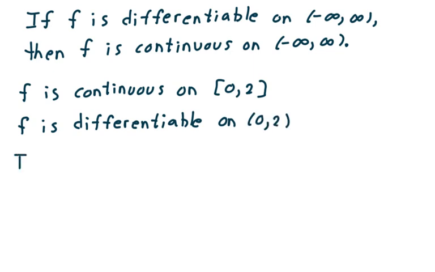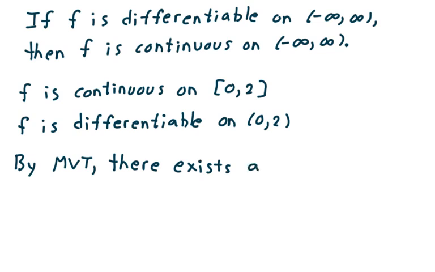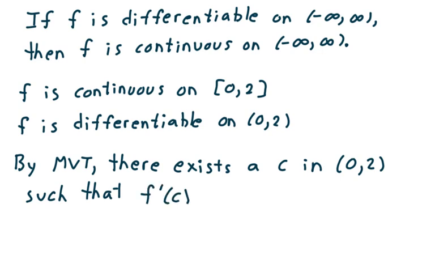So by the mean value theorem, there exists a c inside the open interval 0 to 2 such that f prime of c is f of 2 minus f of 0 divided by 2 minus 0.